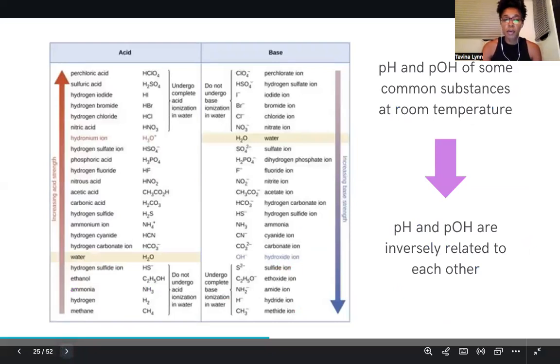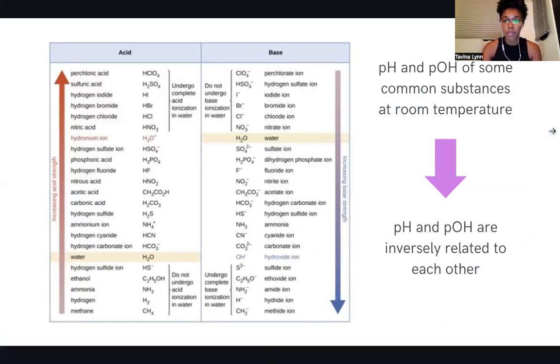So this is a table with common acids and bases at room temperature. The pH scale of 1 to 14 is established at room temperature. That scale could slightly shift at a different temperature. We're showing common acids and bases, and we're also showing the increasing acid strength and increasing base strength.